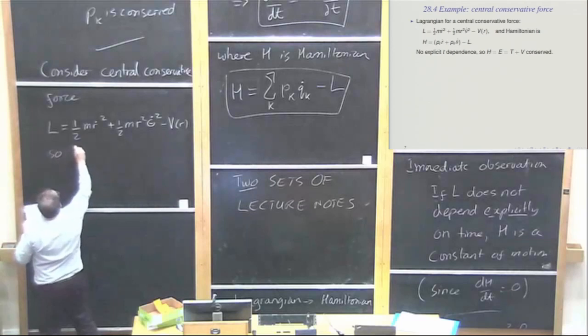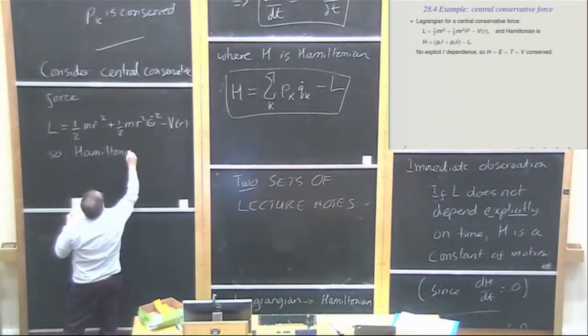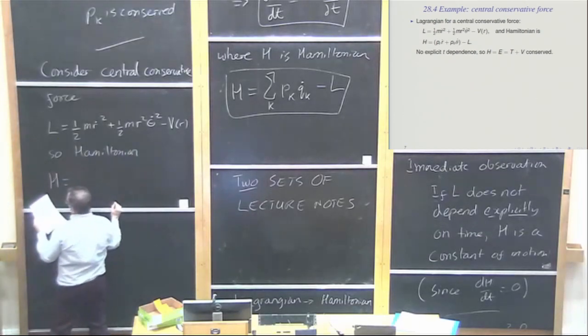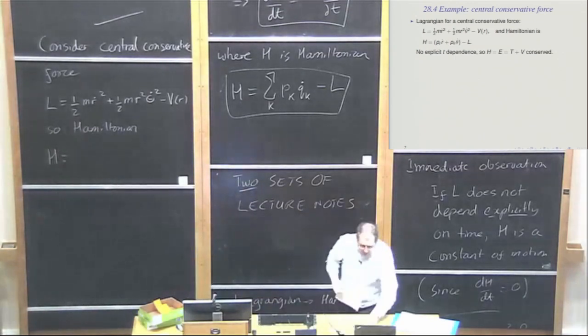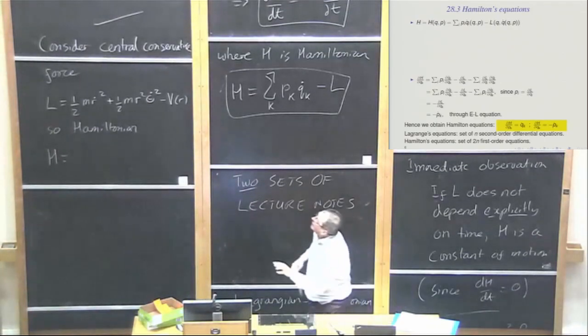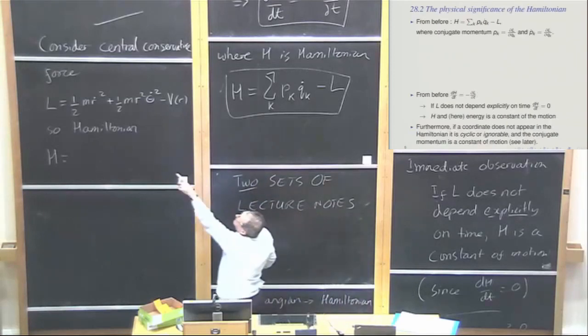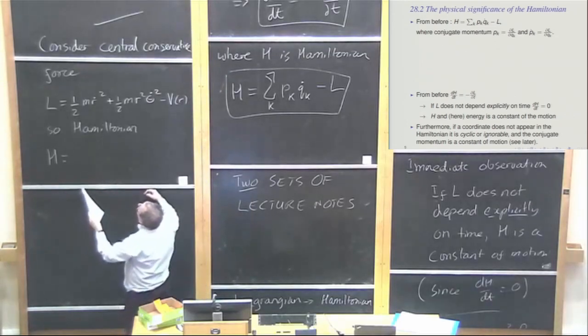So the Hamiltonian H, let's remind ourselves again how H is written. It's maybe even easier to see at the top of that slide. So we need to sum over the momenta for each coordinate.